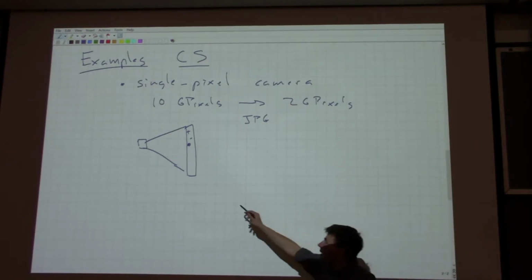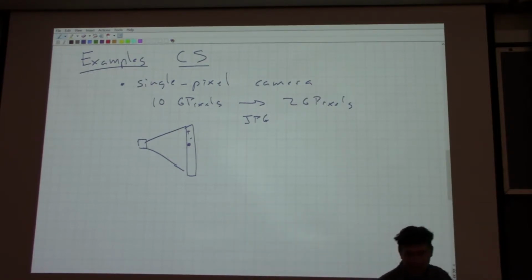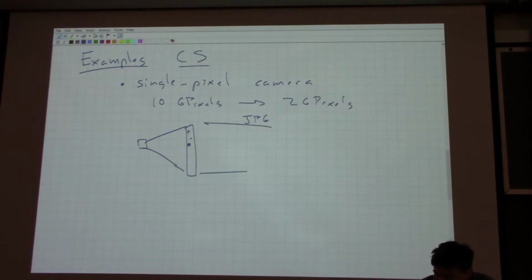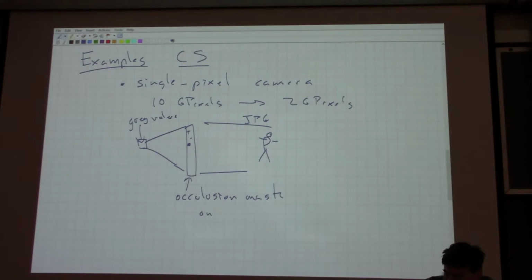So randomly, it masks what's coming in from the picture, and so this sits in front of, say, someone standing here, right? And so what you see is some single gray value. And each occlusion mask is one row.